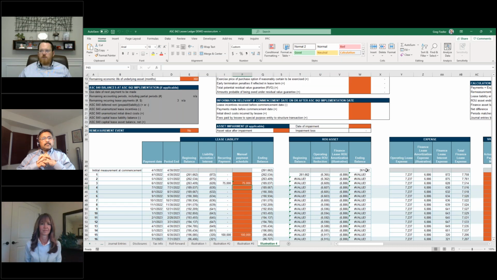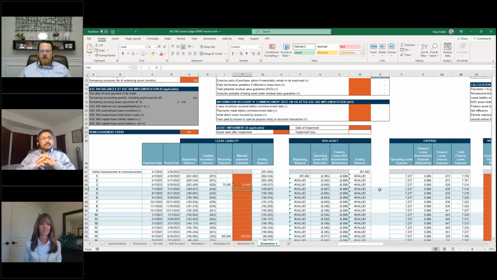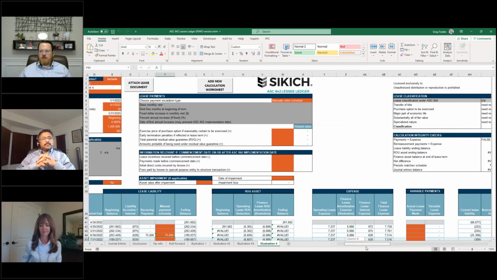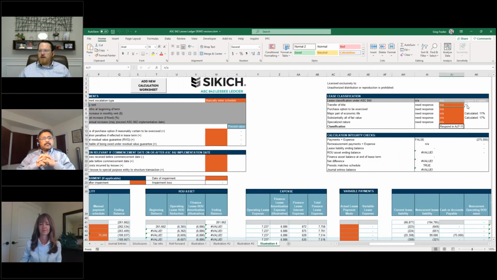We do have our right of use asset calculated because the initial calculation does not matter based on lease classification, but the subsequent accounting does. And we'll get more into subsequent accounting in a minute. But I do want to point out that if I come over and complete our classification table, in our examples, we provided that there is no transfer of title, there is no purchase option, it's not a specialized asset.